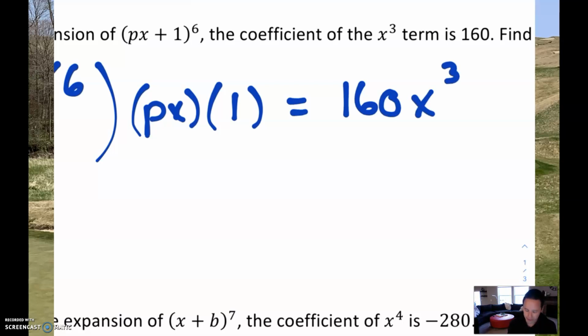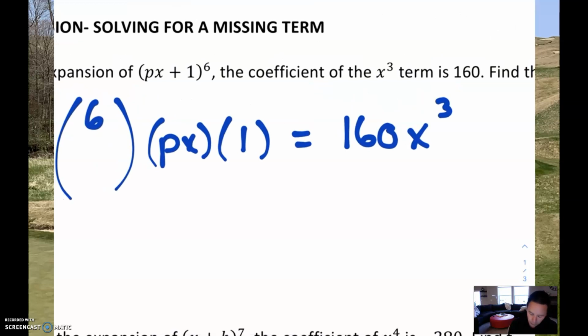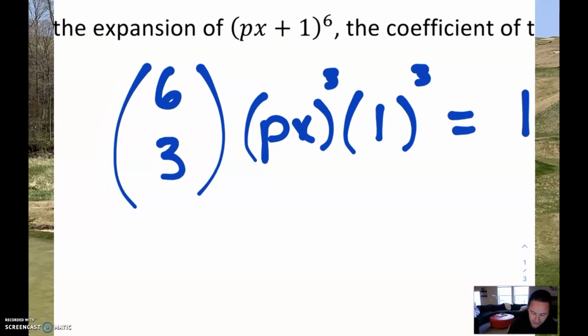The important part is that the final answer should have x to the third, and the only way we can get x to the third is by putting a 3 on the px. If this is a 3, then the other exponent needs to add up to 6, so that would also be a 3. And whatever this one is will match down here, so that will also be a 3.